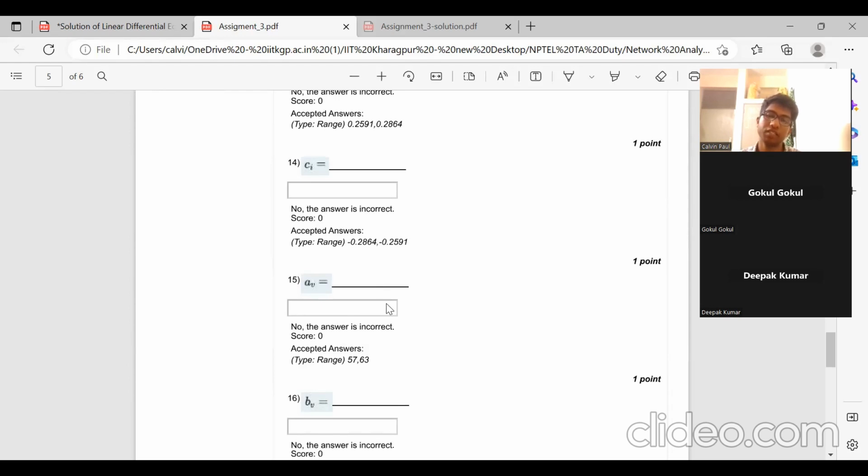So 60 plus or minus 3, and any answer you give in that range will be considered correct. Sometimes we have a problem with a decimal value, like 0.2727, and we don't know to what extent we have to take it, but they have given a range. So that time you don't need to worry.